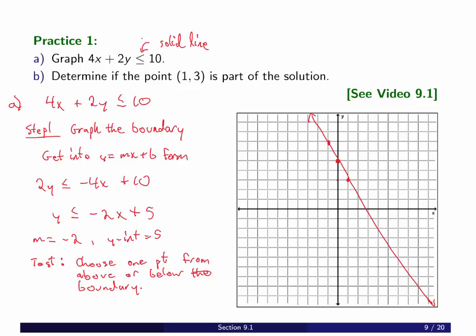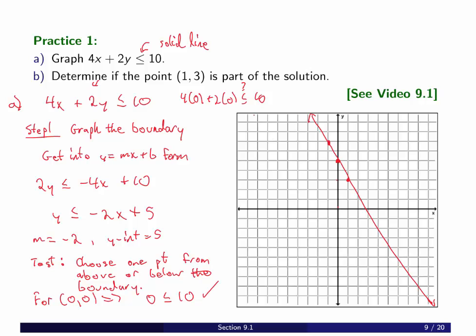So for instance, I could choose this point right here, 0 and 0, because it's very nice. For 0 and 0, when we plug it back into the inequality up here, we would have 4 times 0 plus 2 times 0. Is it less than or equal to 10? Well, we have 0 is less than or equal to 10, which is true.